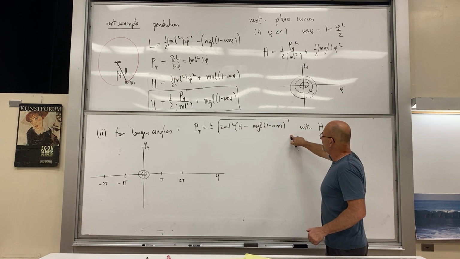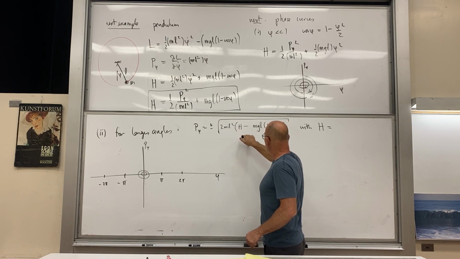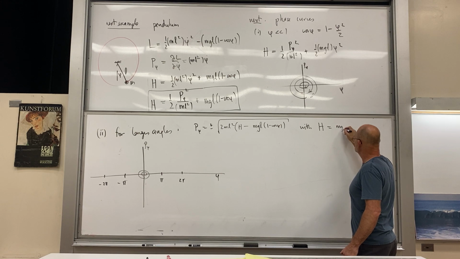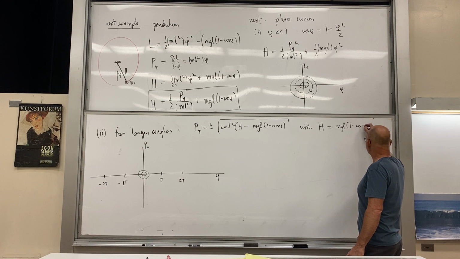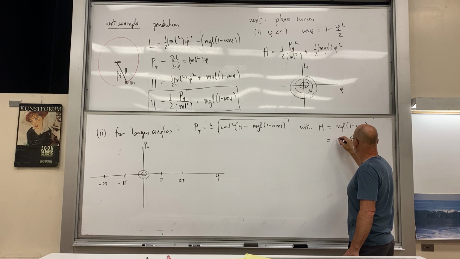So when this thing vanishes here, we have h is equal to mgl(1 minus cosine of pi), which is equal to 2mgl.